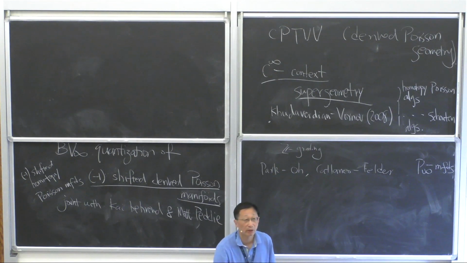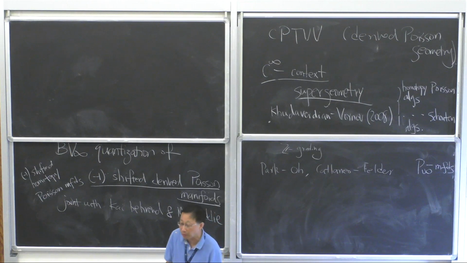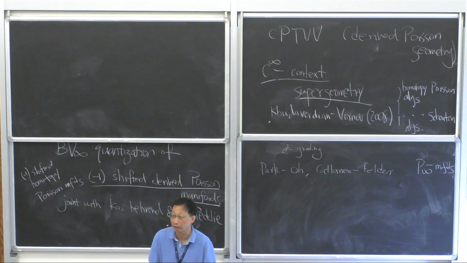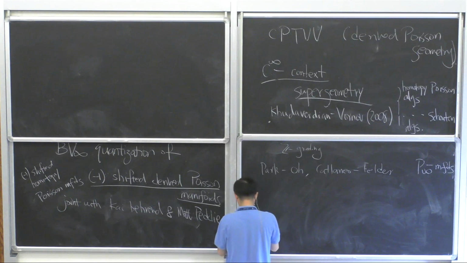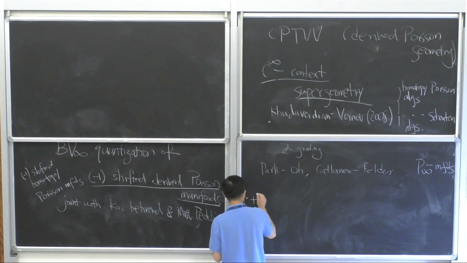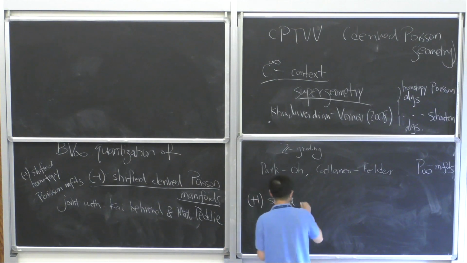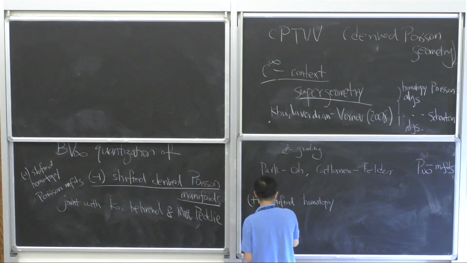So what I'm going to do is shifted, odd Poisson geometry. Let me start with the definition. Let me remind you what a Poisson manifold is. When you define a Poisson manifold, you first define what a Poisson algebra is, and then you define a Poisson manifold. So let me define what a plus one shifted homotopy Poisson algebra is.